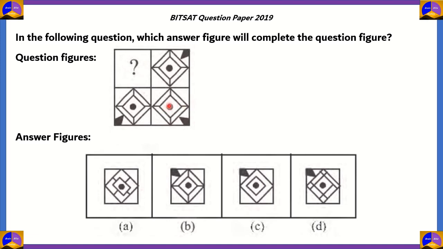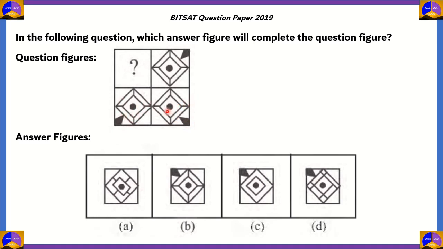We also have a dark circle in the middle of the inner square, and depending on the location of the tile, we have a black diamond present towards the exterior corner. So if the tile is on the top right, then the black diamond is on the top right corner of that tile. For the bottom right tile, the black diamond is on the bottom right corner, and so on.